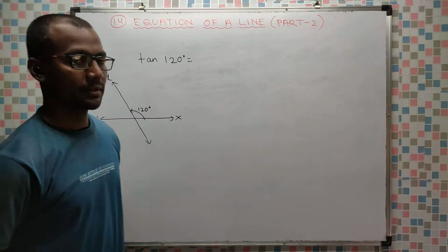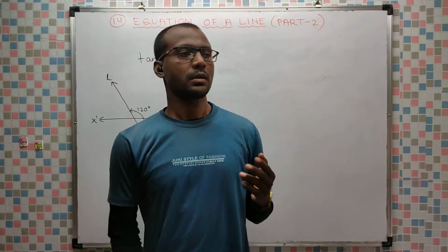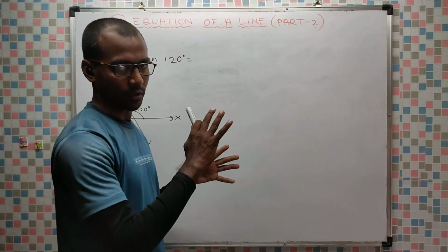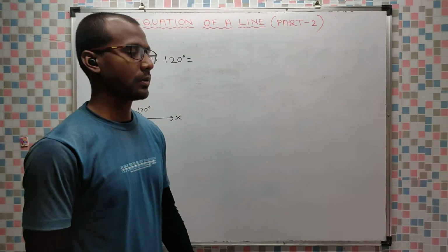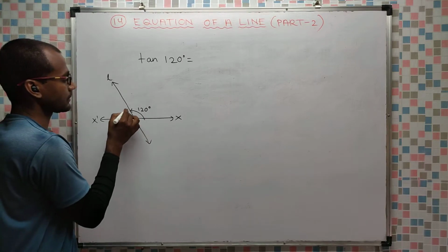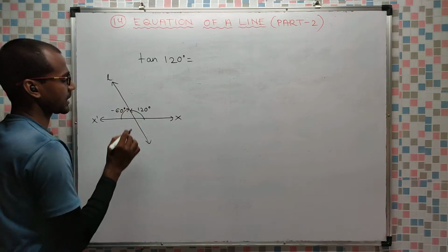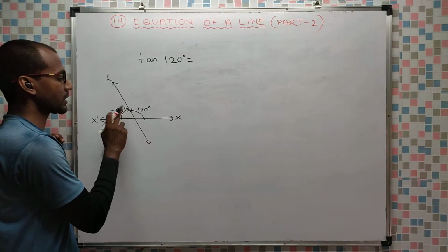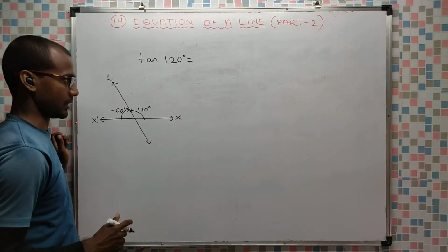But I have told that angle of inclination can be measured in two ways. Anti-clockwise positive by default. If necessary, we can take clockwise negative. So instead of 120 degree, we can take minus 60 degree, because if this is 120, this is 60, and since this is clockwise direction, I have taken minus 60.